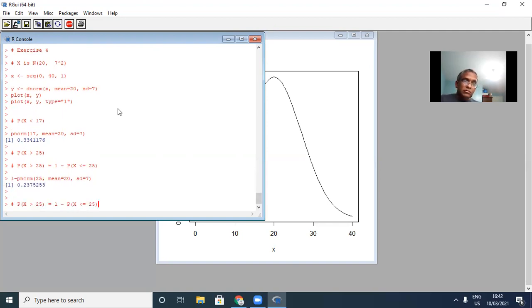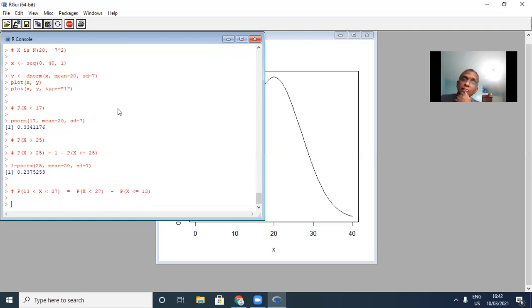Right, next we want to find the probability that X is between 13 and 27. This you can write as the probability that X is less than or equal to 27 minus the probability that X is less than or equal to 13.